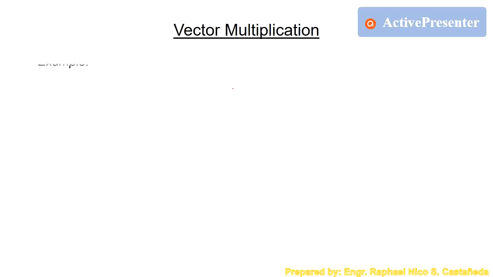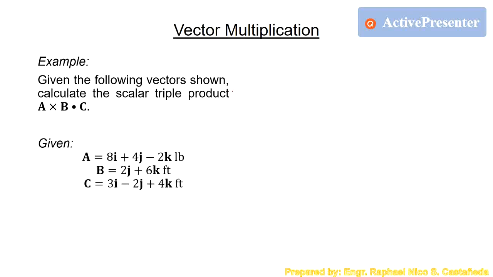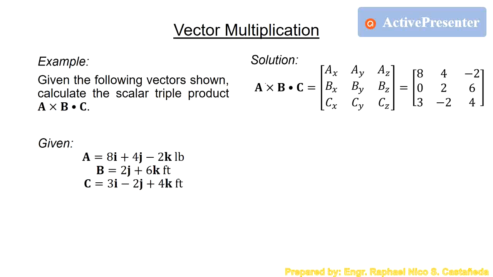So let's have an example. Given the following vectors, calculate the scalar triple product. We have three vectors here: vector A, vector B, and vector C. A cross B dot C. In the solution, we will arrange the components of the vectors in this manner.